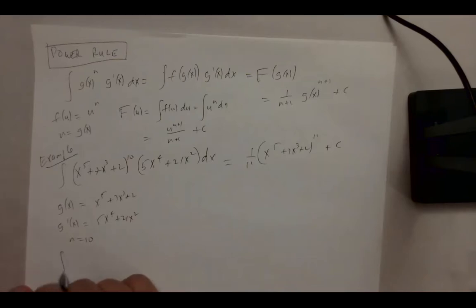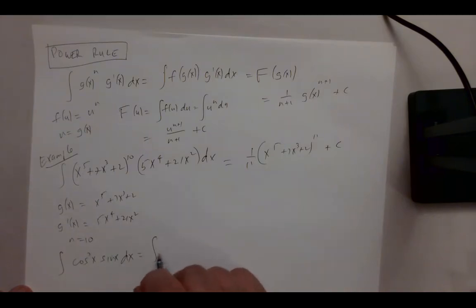Or if we have the integral of cosine cubed x sine x dx, this is the same as the integral of cosine cubed x, put a minus sign in front and a minus sine x here. Minuses cancel.